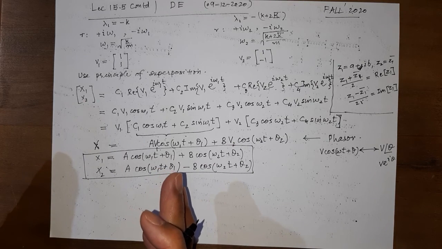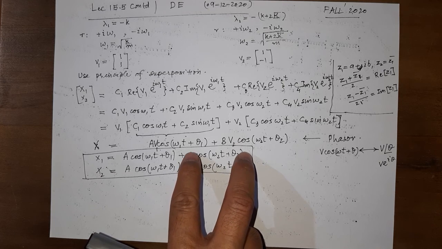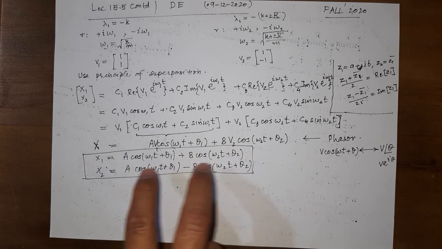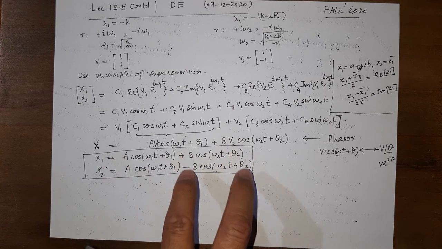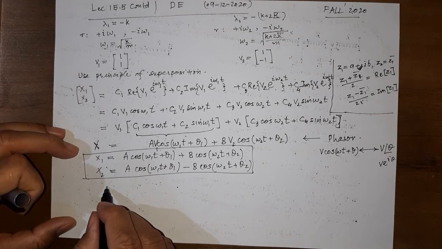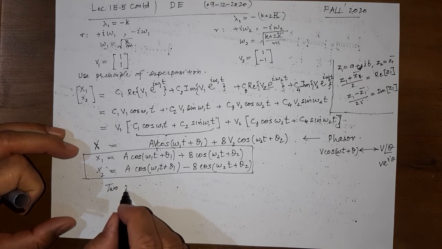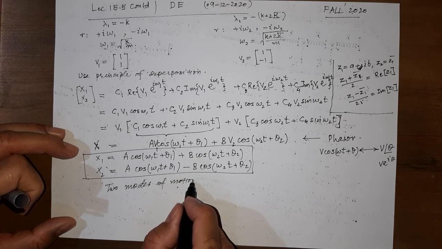But together, when the second terms are 0, both of them are moving in the same way, but when this term is 0, both of them are moving opposite to one another, and therefore we have two modes of motion in here.